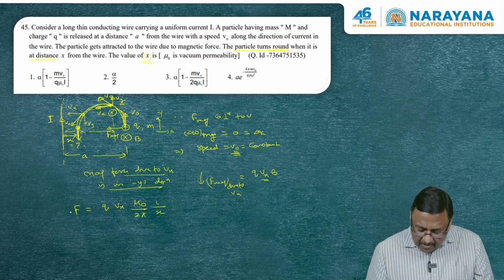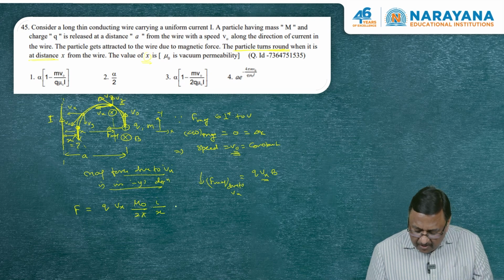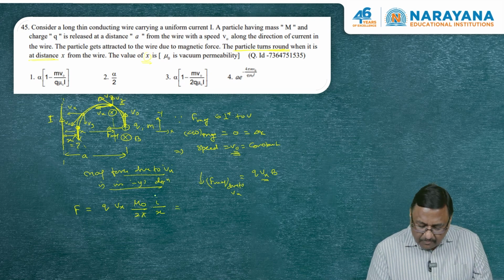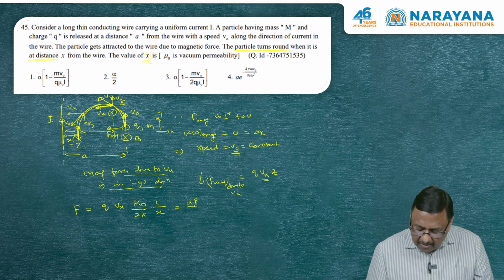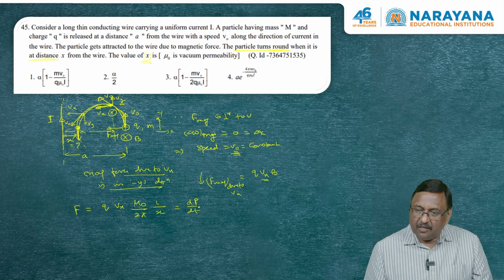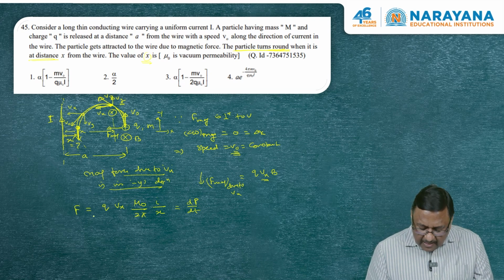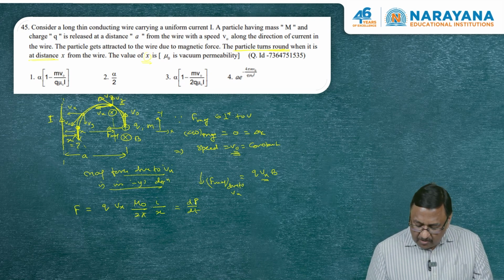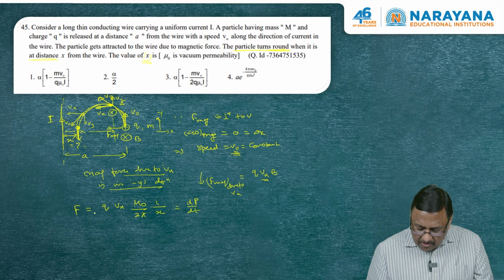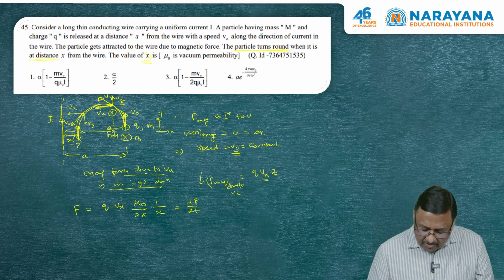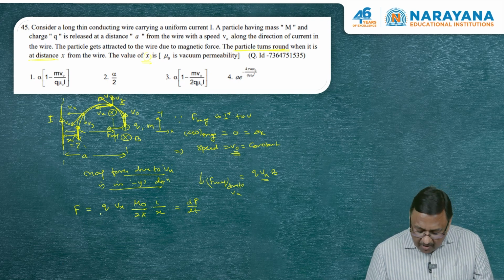We know by definition this force is because of my velocity Vx acting in the downward direction. So I can write F is equal to this value, and this is nothing but dP divided by dt. This force is acting downwards, so if I consider upward as positive and downward as negative, this is going to be negative here.